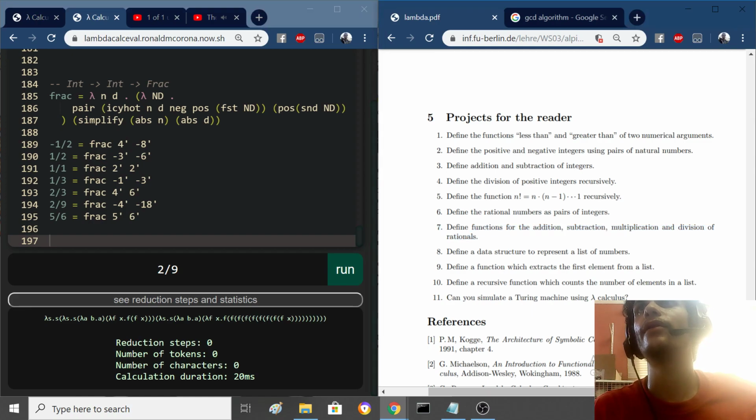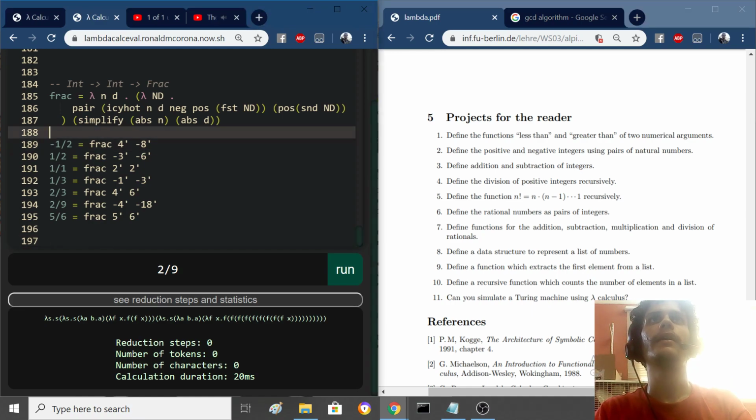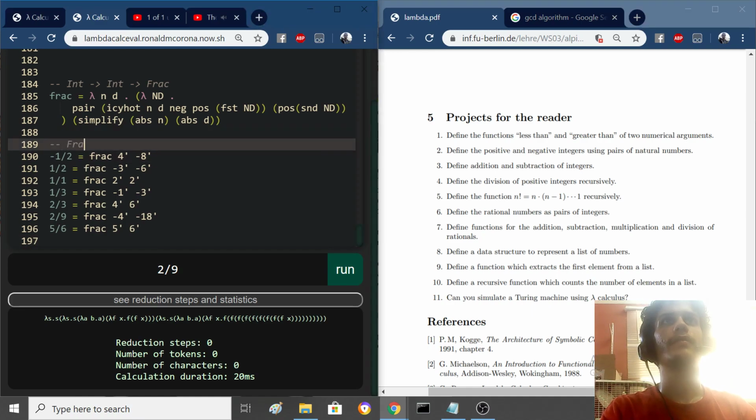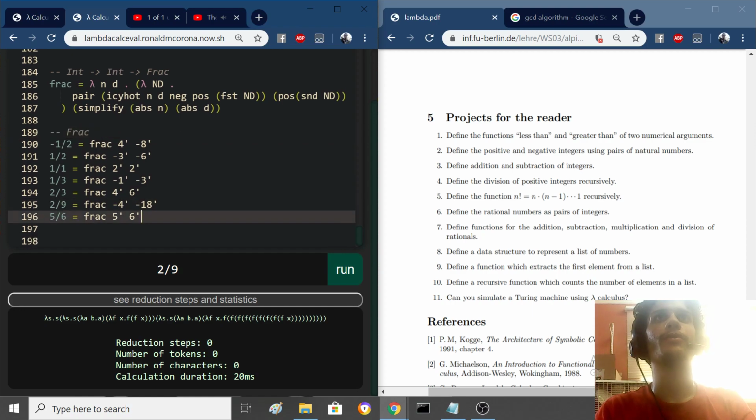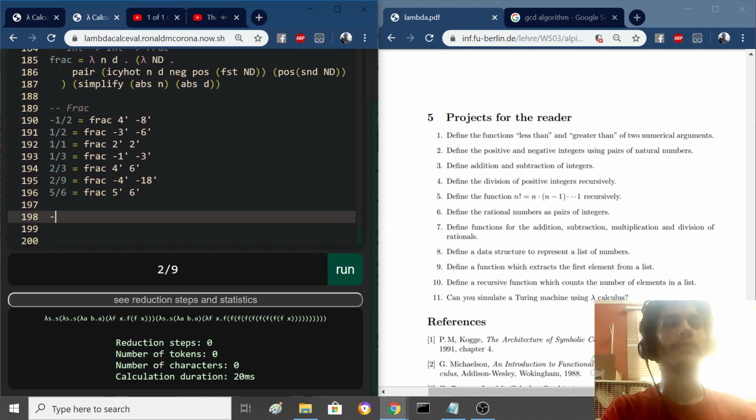So now what we want to do is addition, subtraction, multiplication of rationals, right? And so these will be functions on the fractions, right? And they take two fractions and return another fraction, right?